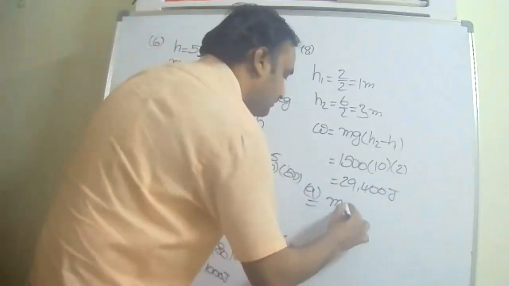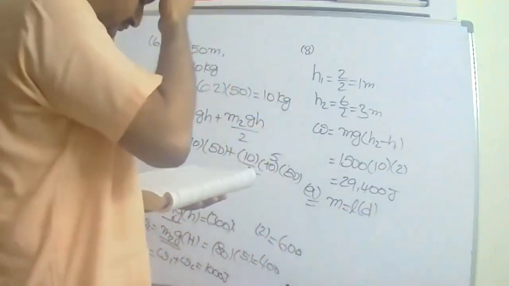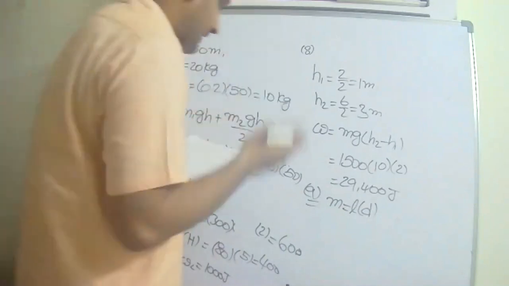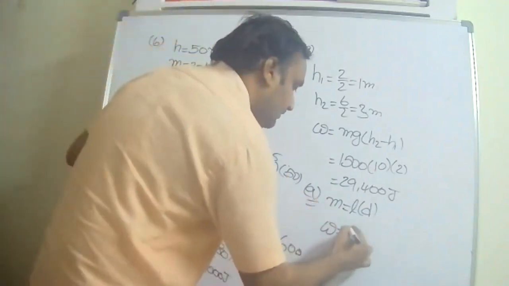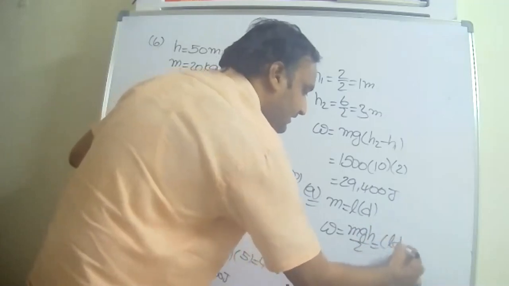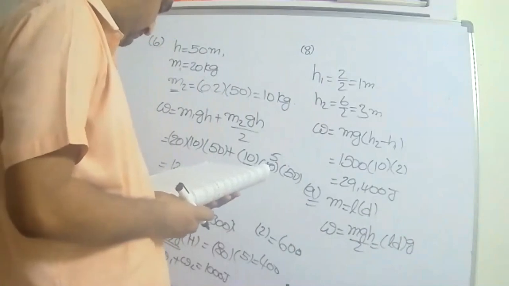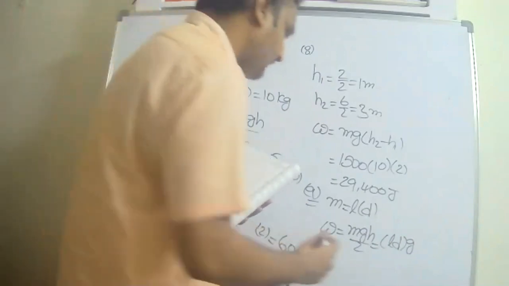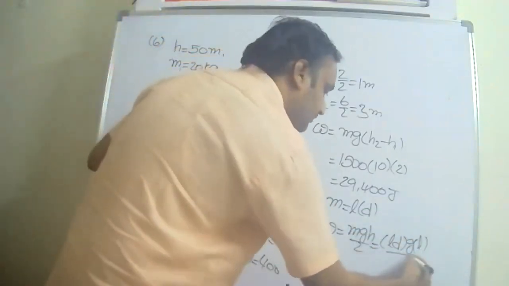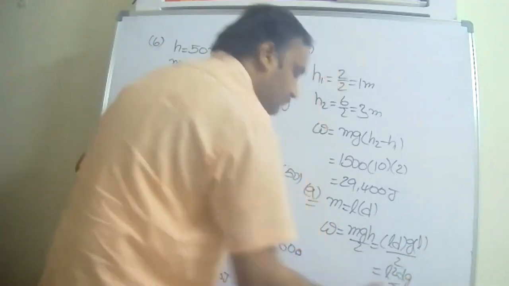So mass is equal to L into D. So what is work done? mgh by 2. So m is L D, g, h is L again by 2. So L square dg by 2. Okay?